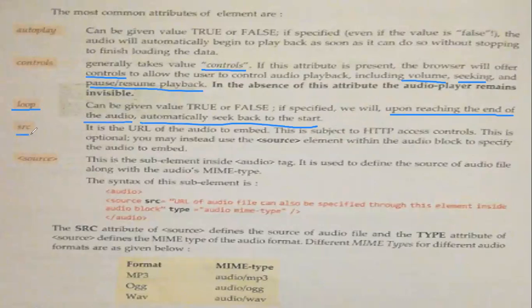Next is SRC. SRC provides the source or URL or path of the audio which has to be embedded in your document. This is subject to HTTP access control. This is optional.